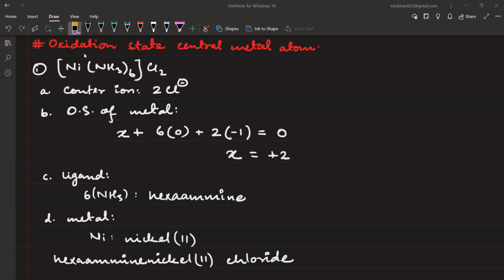Like this, the counter ion 2 Cl negative, you will also write here chloride, write it like this. Waiting for Atif, Hamza, Hiba, Mansi, and Matthew. Done, sir.